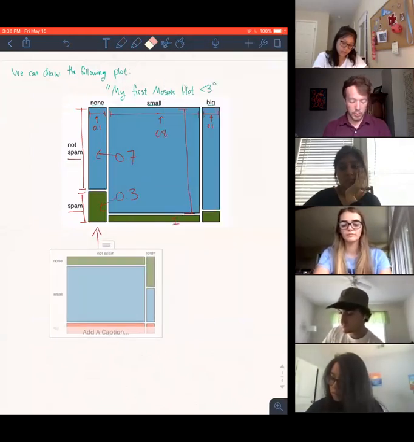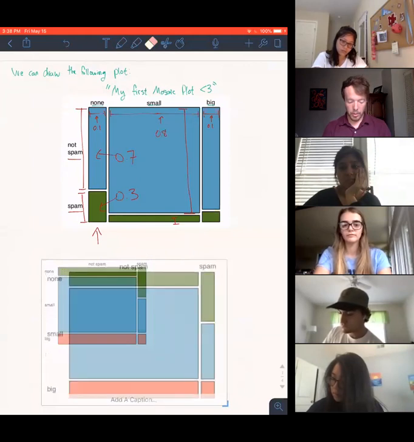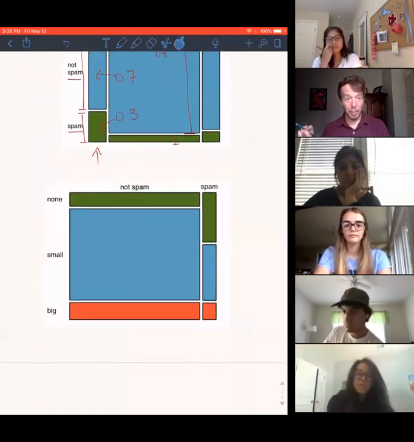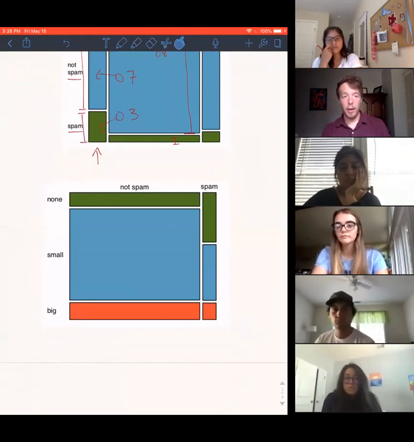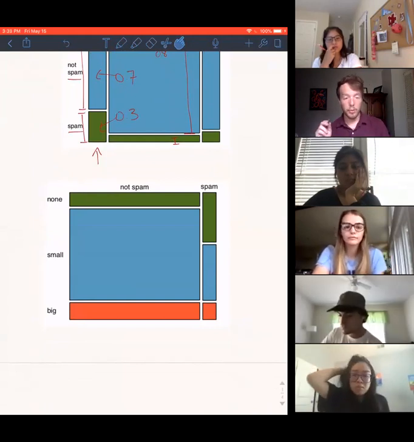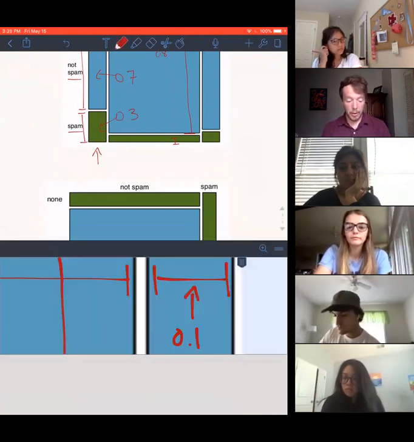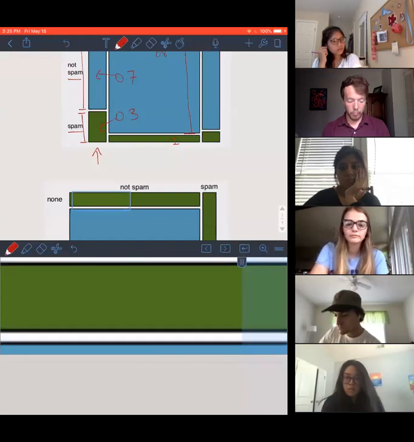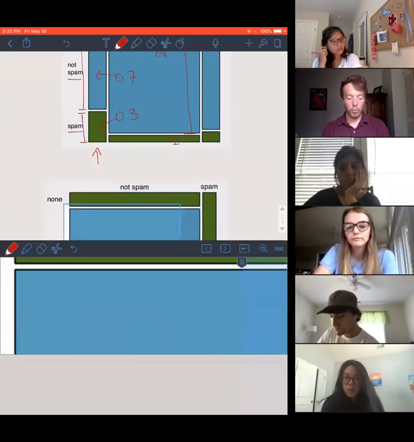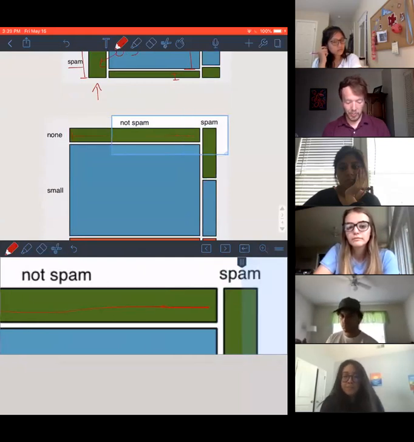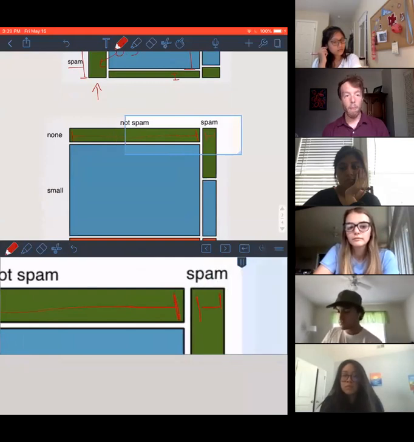So notice that this mosaic plot is the other way around. Spam versus not spam is on the top, and on the left side, we have the different numbers, none, small, or big. And in this case, spam or not spam is referring to the whole data set. In the whole data set, this proportion, it would appear, were not spam, and this proportion was spam.